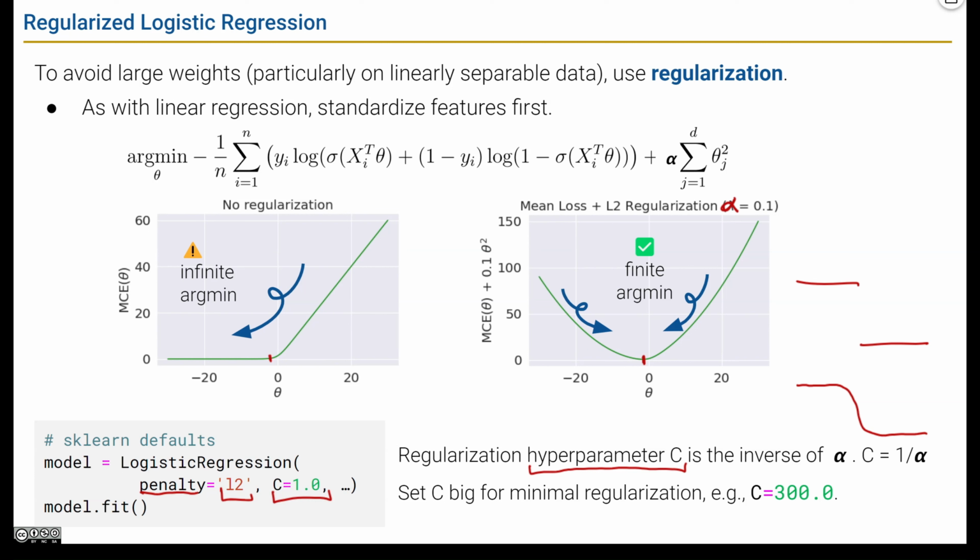But all you really need to know is that it's the inverse of this alpha. So if you would like minimal regularization, you can set C to be big, because then your alpha ends up being pretty small, and you're not really adding any regularization, and vice versa.